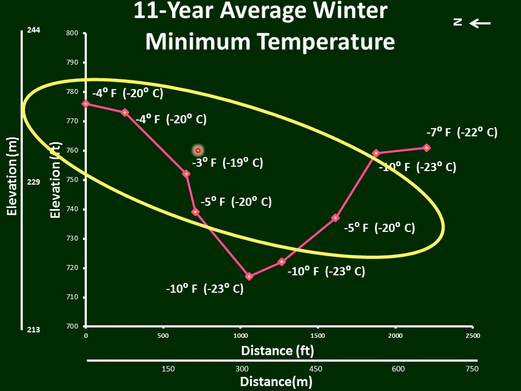Then we come down to those terraced areas, locations 3 and 4, right here. And then the 5th location is the location on the south side of the valley where we saw the Golden Delicious apple orchard midway up the slope. And if you look at all 5 of those locations, on an 11-year average, the winter minimum temperature was minus 3 to minus 5.